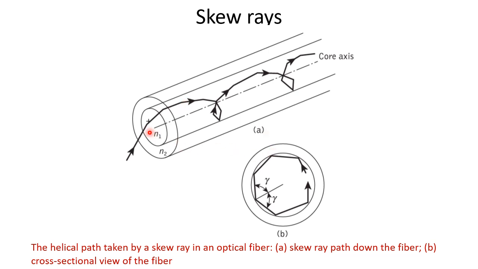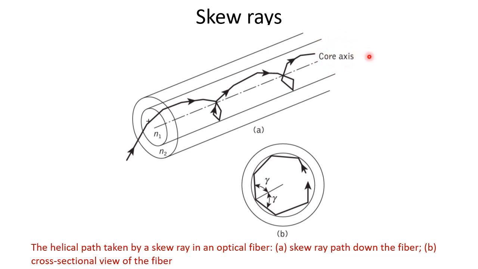But since it is not incident exactly on the axis, if we observe the propagation of the light from the cross section, then it will appear as if it is moving in this way. It is not exactly going through the axis. It will follow a kind of helical path like this, with different reflections at different portions of the core cladding interface. It will move in this helical path, right?